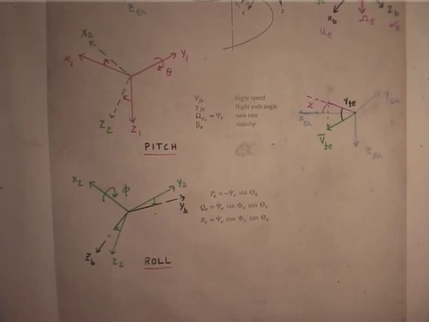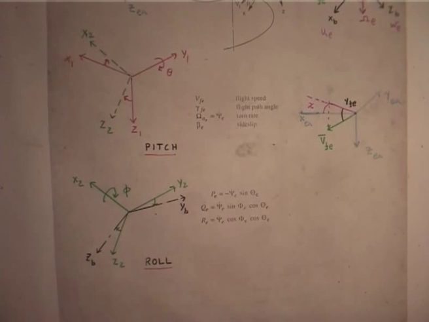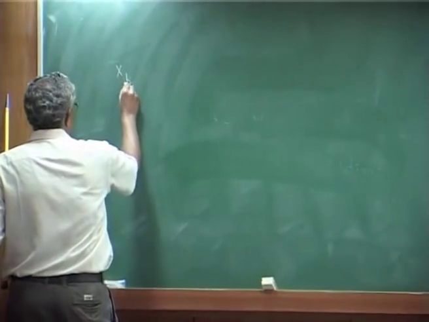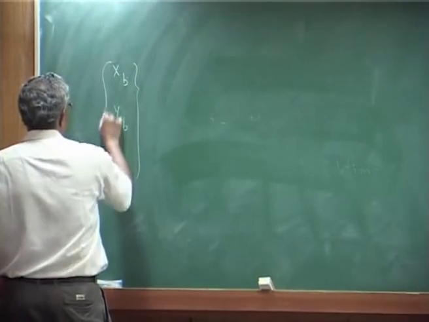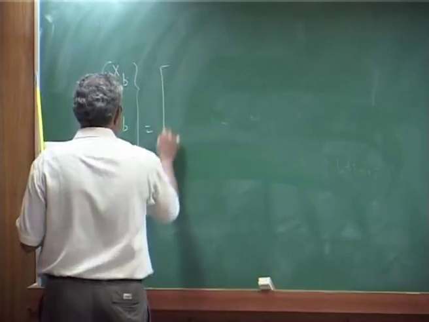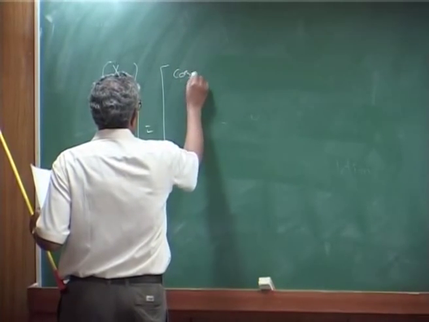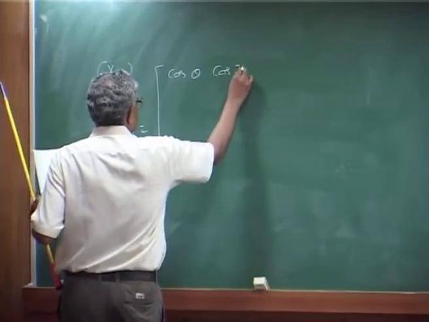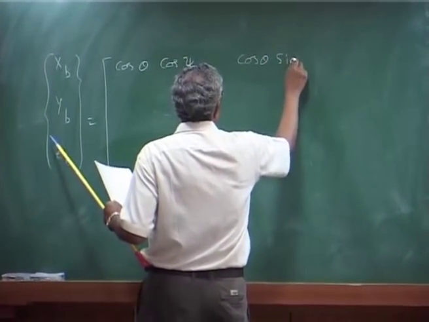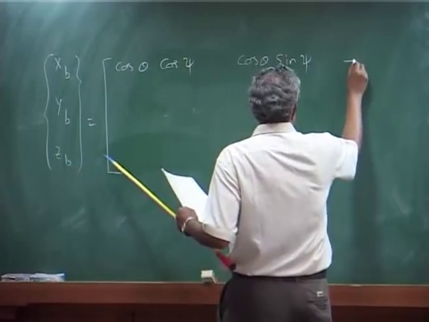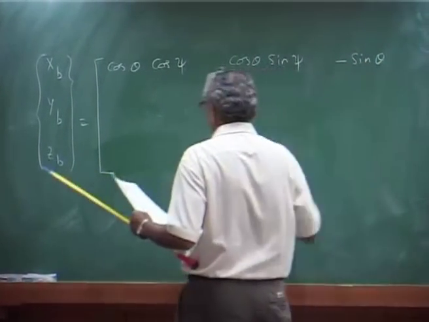This is the sequence of transformation. If you follow this sequence, these are all well-defined orthogonal transformations. I will just finally write the transformation between xb, yb, zb and x earth, y earth, z earth. The first row is cosine theta cosine psi, cosine theta sine psi, minus sine theta.